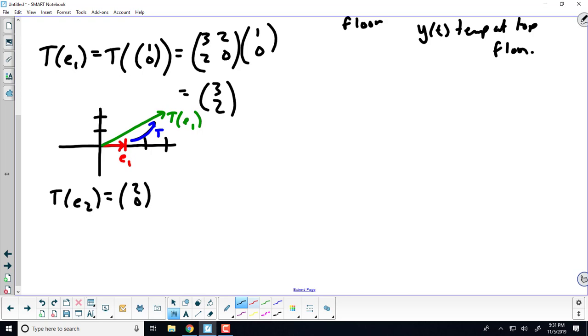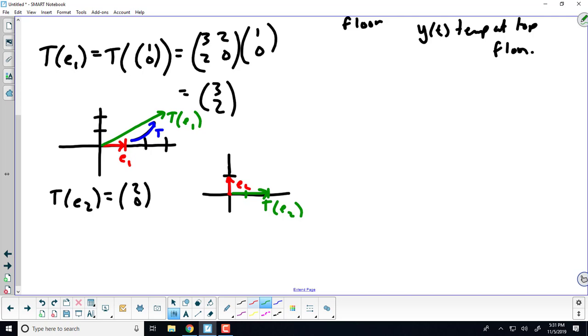So we take the vector 0, 1, which is this vector right here, 0 in the x direction, 1 in the y, so that's our E2. And it gets stretched to 2, 0. Where's that? That's this vector over here, 1, 2. So it gets stretched over there. There's T of E2.